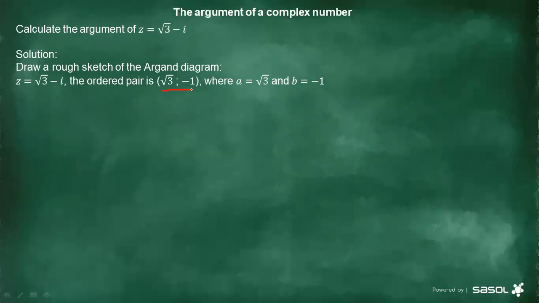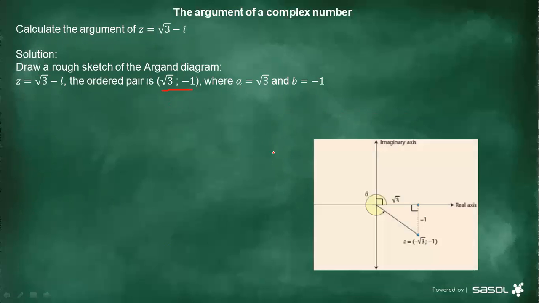Draw the Argand diagram. We can see that it is in the fourth quadrant. And then there is a mistake there. This is not negative. Square root of 3 is supposed to be positive because x is positive there. You can see that it is positive square root of 3.